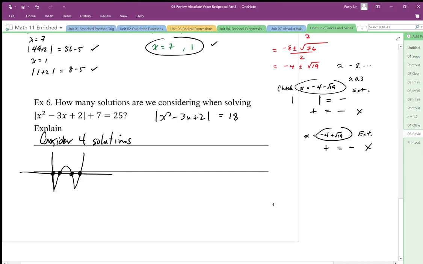Now, given this shape, it could possibly be only 2 solutions. That's possible. It could be 3 solutions just touching there. We could have no solutions. We can have 2 just touching on those parts. There are lots of possibilities, but we need to consider that there could be up to 4 solutions, and when we solve this algebraically, we need to make sure that that has been accounted for.